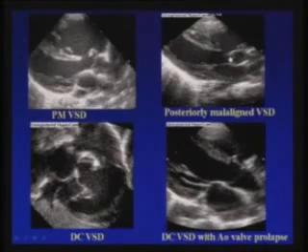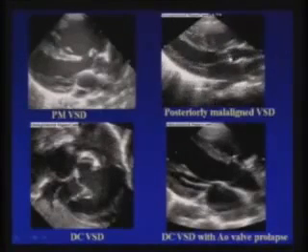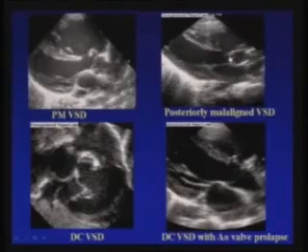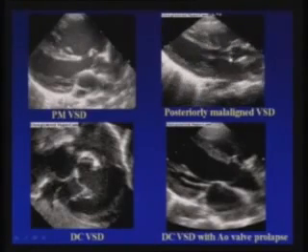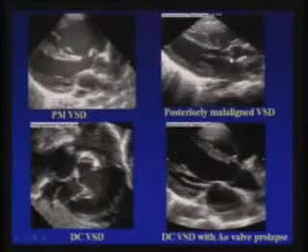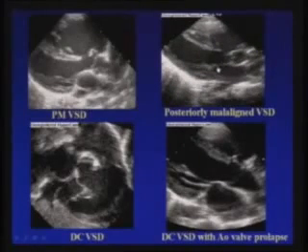So whenever you see posterior malalignment of the interventricular septum, meaning practically subaortic stenosis, chances of coarctation and interruption are there. Usually presentation is in the newborn period, because by this posterior malalignment your left to right shunt increases, a huge left to right shunt, and very early presentation.